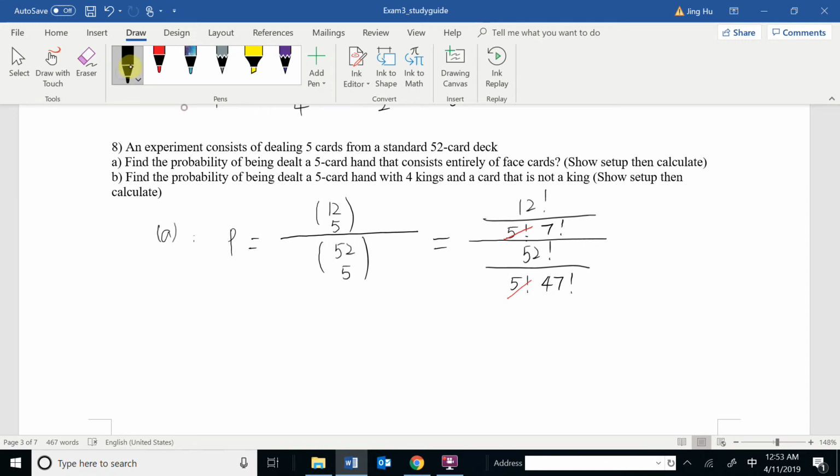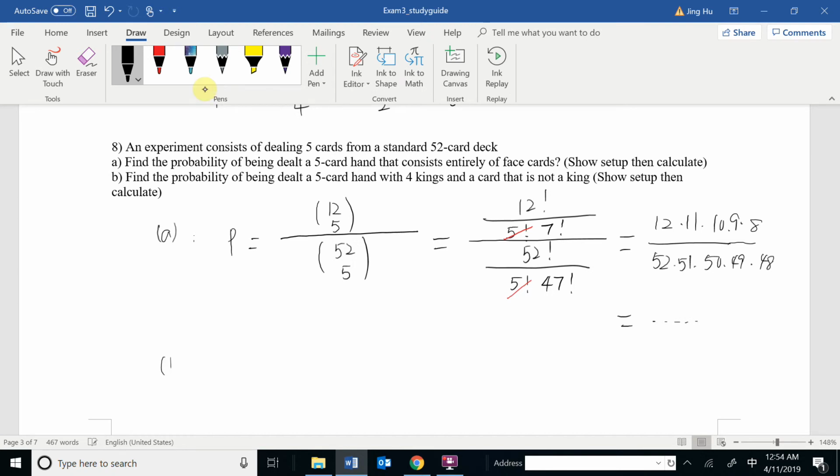And so here is 12 times 11 times 10 times 9 times 8, because the 7, 6 and so on all cancel out with this 7 factorial. Similarly for the denominator, here is 52, 51, 50, 49, 48. So you can continue to work on that.